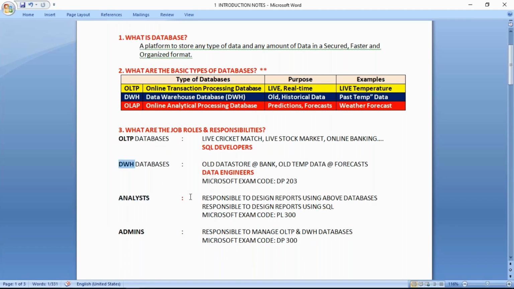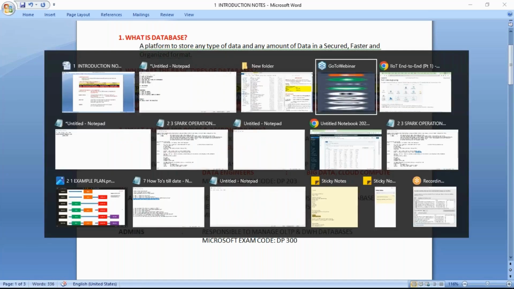Without data warehouse, no data science, no big data. Remember that. So it's all about big data. We have something called Hadoop, Hive, Scala, etc. And it's all about cloud computing activities. That is data engineering.